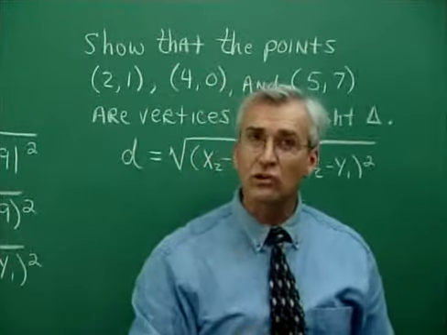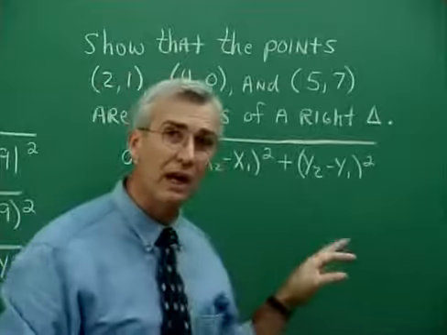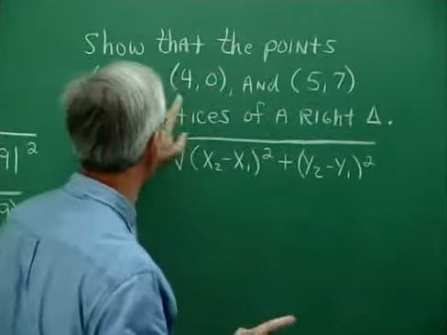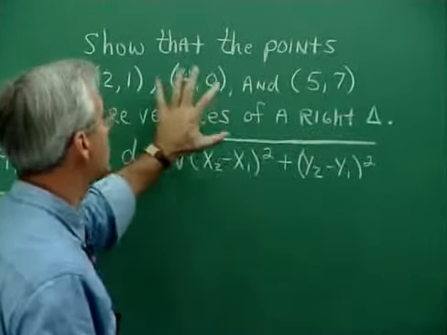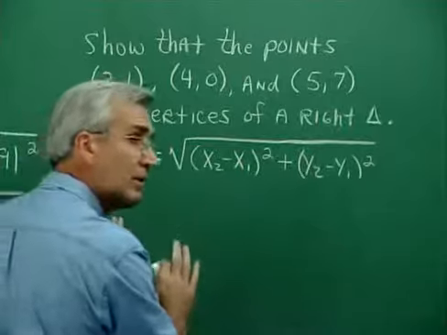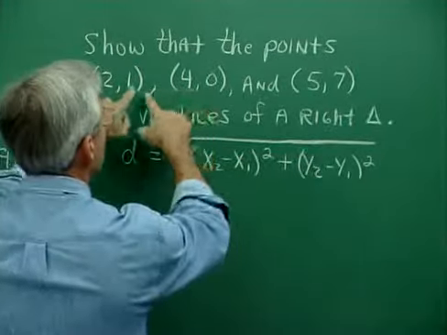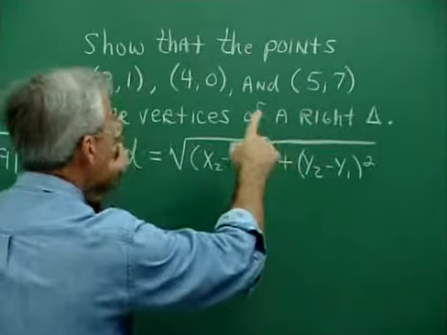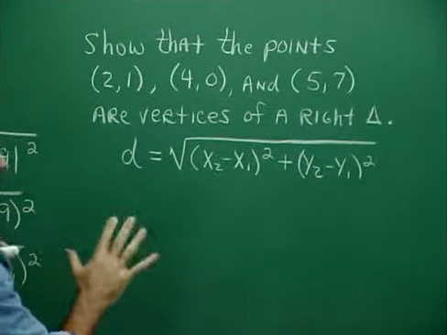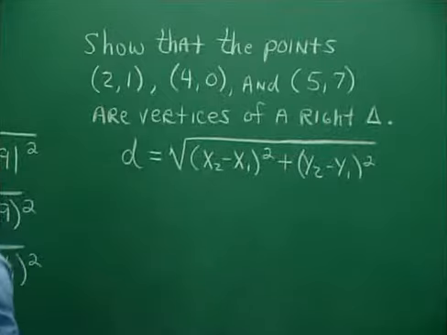Now, in order to determine whether or not we have a right triangle, what we need to do is calculate the distances between these points, and then determine whether or not we have that special relationship between those distances. And those distances represent the sides of some triangle. It might be a right triangle, and we'll find out.